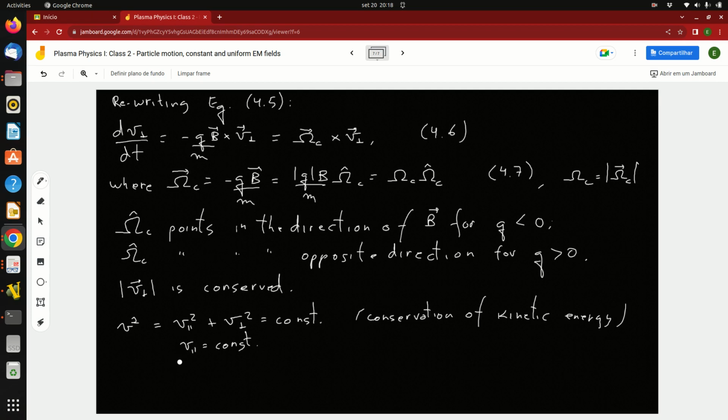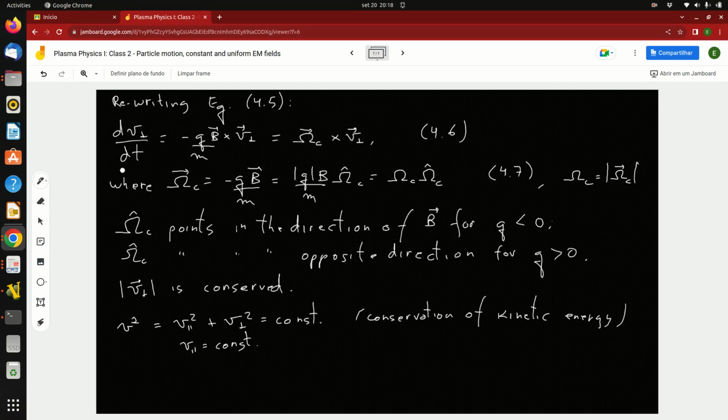Then what else can we say? But 4.6 shows that v perp is not constant. You see, you have an equation for it.